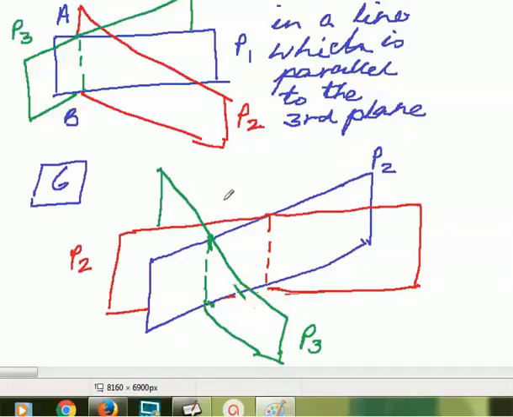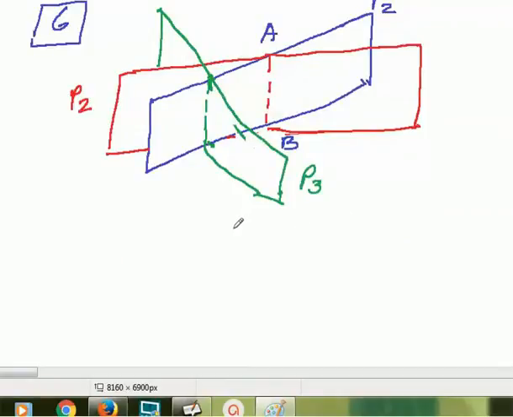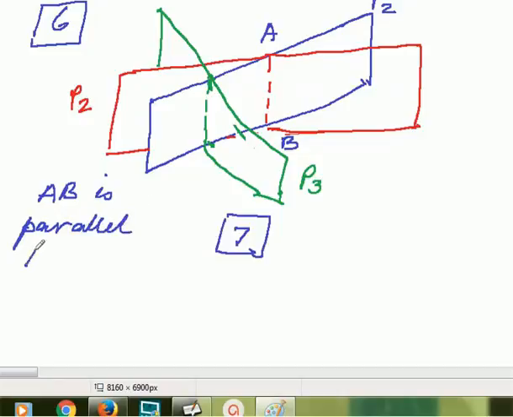The line of intersection AB of P1 and P2 is parallel to plane 3. This will be our situation number 7.